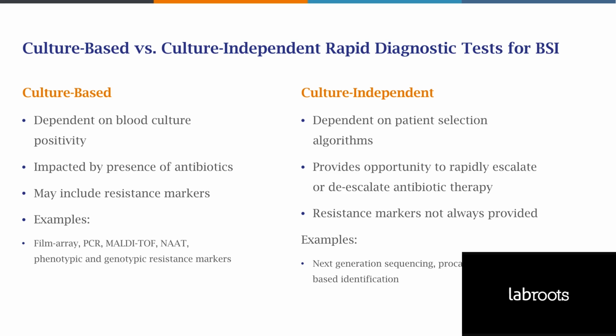While culture-independent tests, their usage is dependent on the patient selection criteria and algorithms, and they provide an opportunity to rapidly escalate or de-escalate, as there's no dependence on the blood culture turning positive. That time is very valuable. Resistance markers may not always be provided. Certain examples are next-gen sequencing, procalcitonin, and the T2MR-based identification.